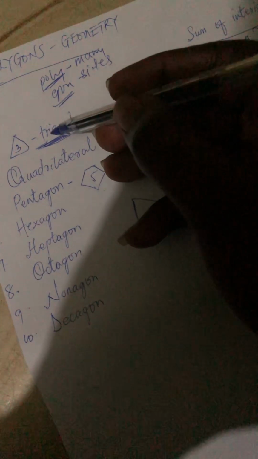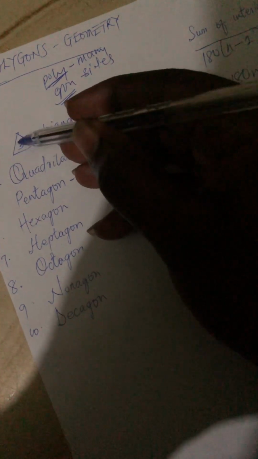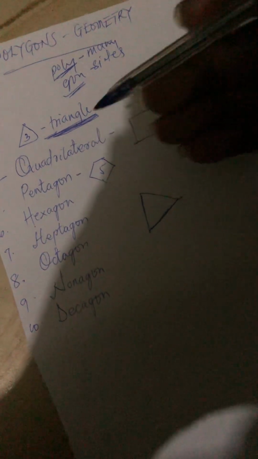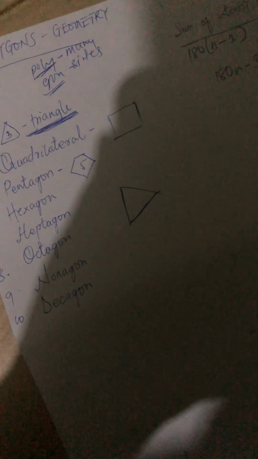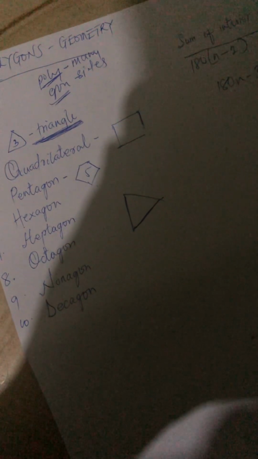You see, for the polygons, it starts from a triangle, and the angles inside a triangle add up to 180. So when you multiply the 180 by the number of sides, you are actually getting the total, or the sum of interior angles. That is the idea behind this.